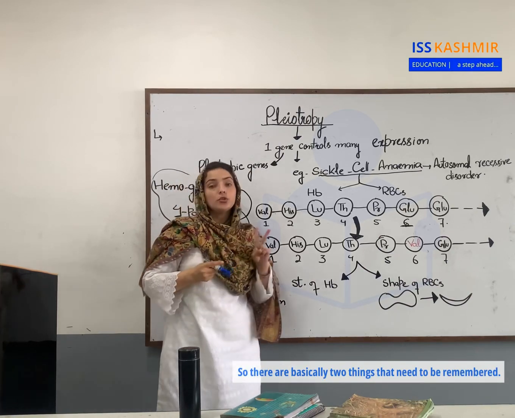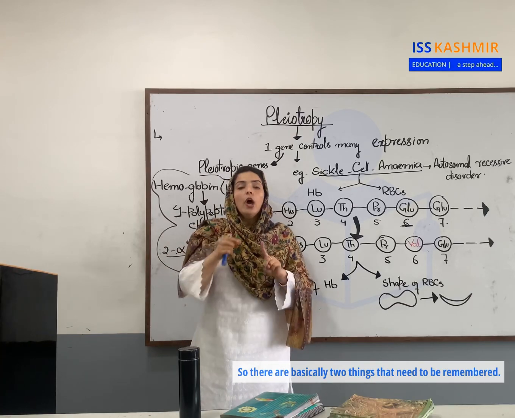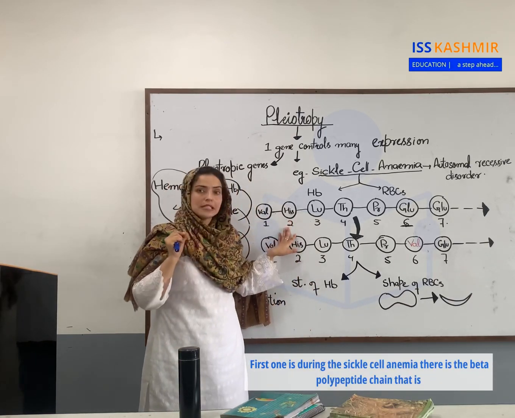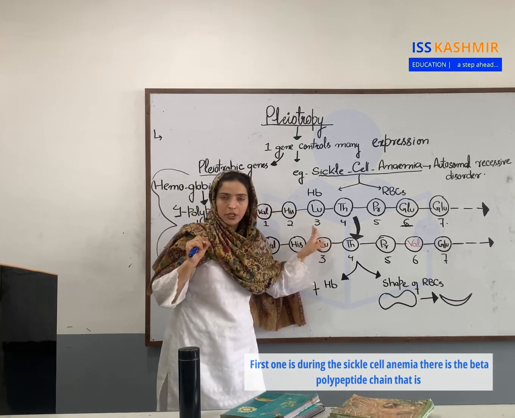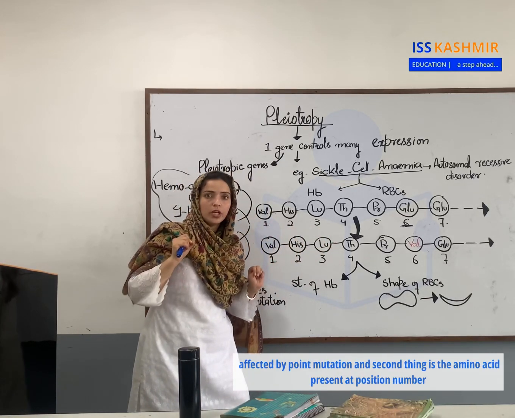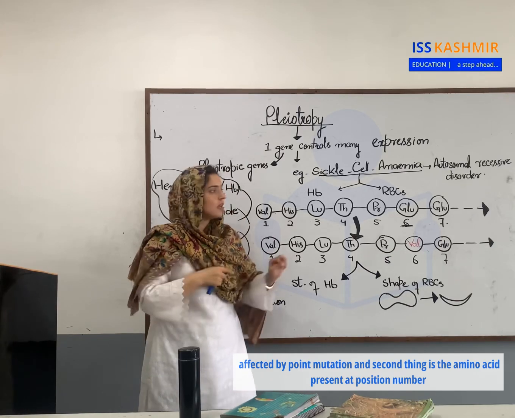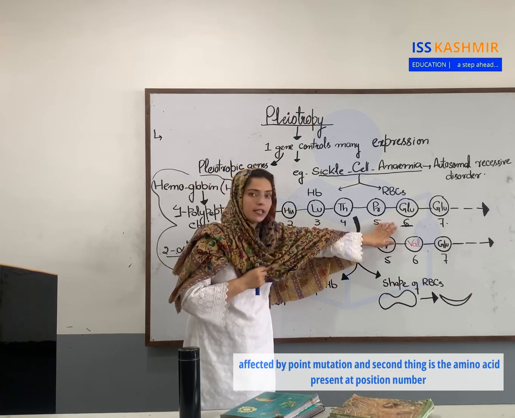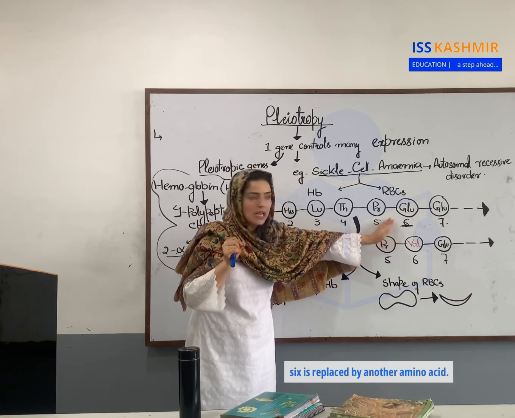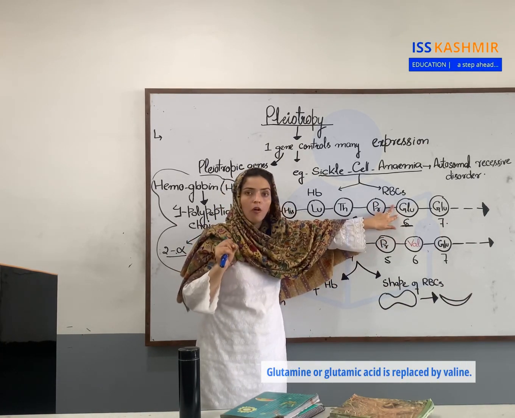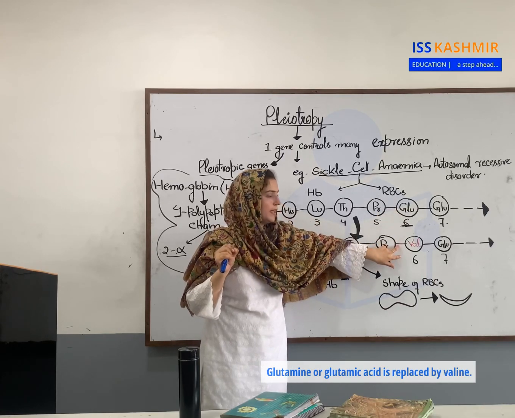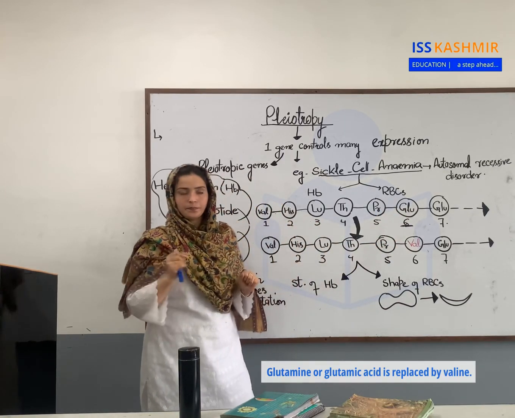So there are basically 2 things that need to be remembered. First, during sickle cell anemia, the beta polypeptide chain is affected by point mutation, and second, the amino acid present at position number 6 is replaced by another amino acid. Glutamine or glutamic acid is replaced by valine.